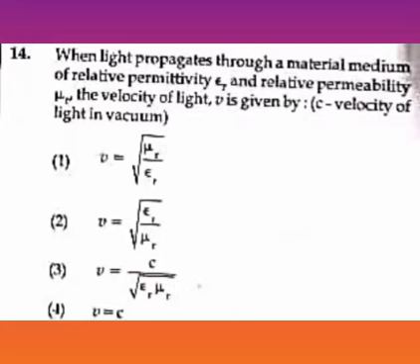Option 1, v is equal to under root mu r upon epsilon r; option 2, root mu upon epsilon upon mu; option 3, v is equal to c upon under root mu into epsilon; option 4, v is equal to c. The correct answer of this question is option 3, v is equal to c upon under root epsilon into mu.